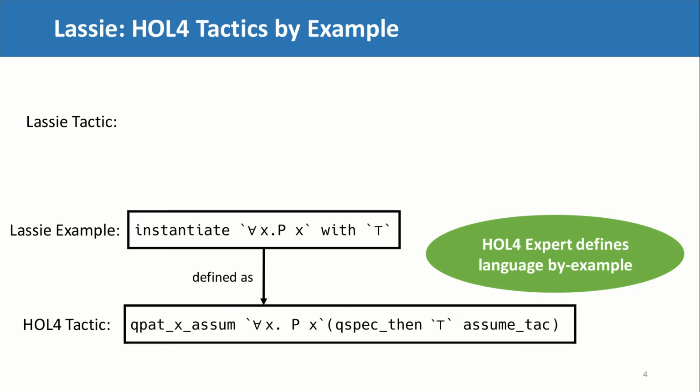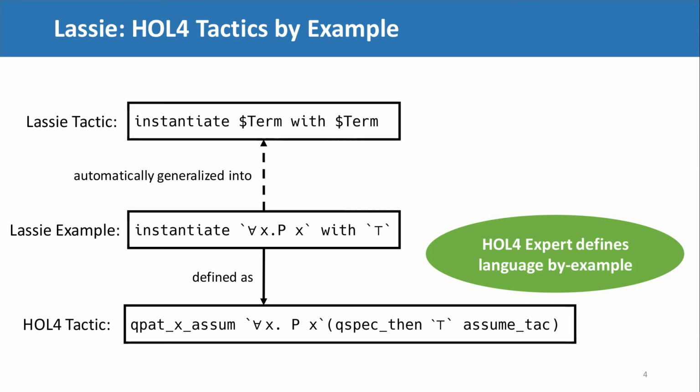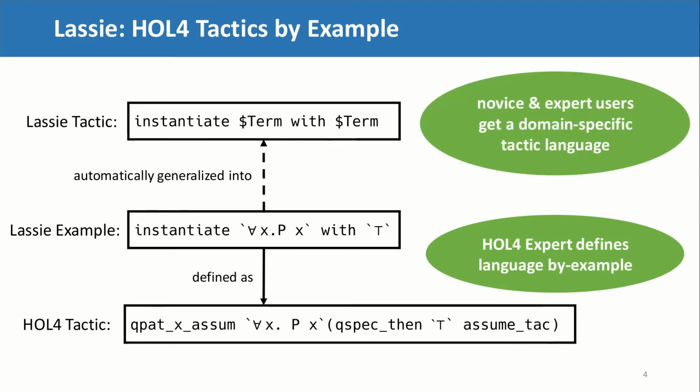By the use of an extensive semantic parser, this is now automatically generalized into the general tactic instantiate term with term, which gives us a Lassie version of a specialization tactic. And novice and expert users now get a domain-specific tactic language that they can use on top of HOL4.